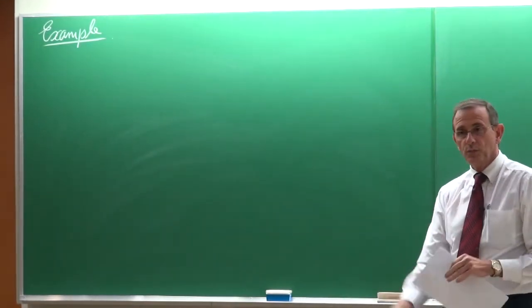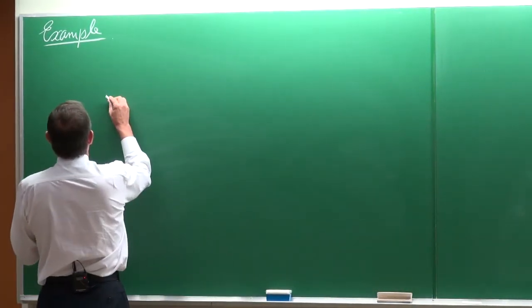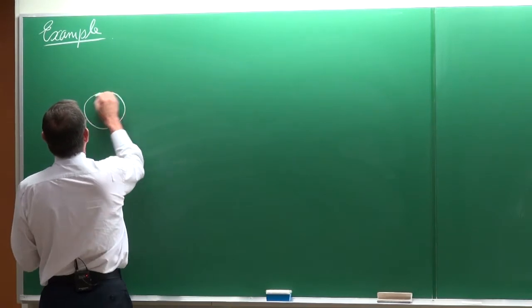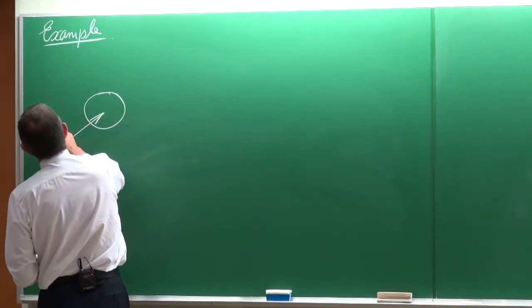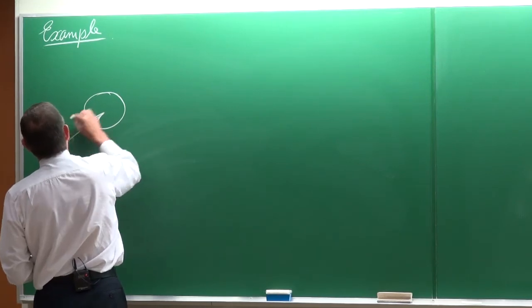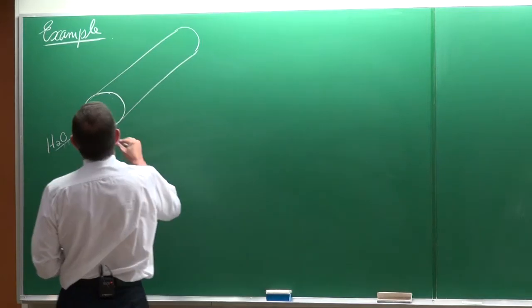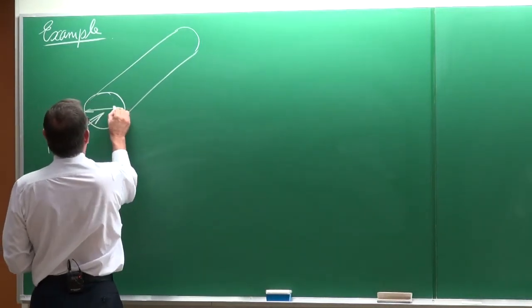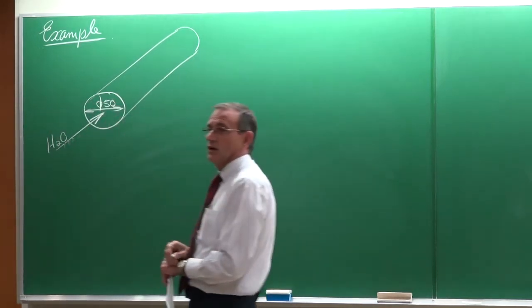So there's an example in the textbook on a solar collector, and this solar collector has an aluminium tube. And in the aluminium tube, there's water flowing through it. And the aluminium tube diameter is 50 millimeters. Okay.